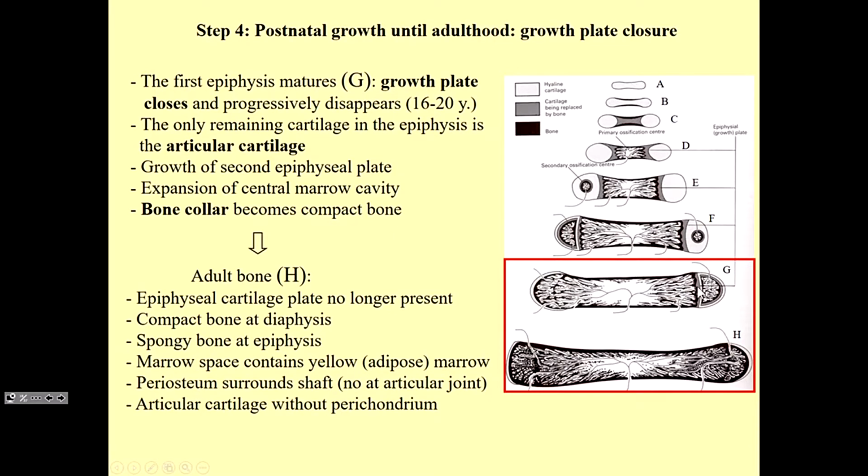Once you reach your adult stature, the growth hormone is reduced in titer, so the cells of the epiphyseal growth plate are no longer being replaced with bone, so the bone stops growing in stature. And when that happens, the diaphysis and the epiphysis fuse, and there's no longer cartilage there. So at that point, you are no longer going to increase in height. That is your final adult height.